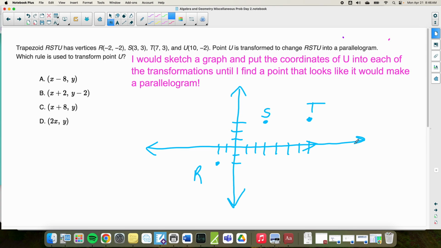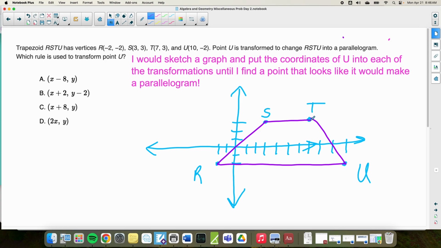So this is 1, 2, 3, 4, 5, 6, 7, 8, 9, 10 down to, which is U. Okay? So if I draw that trapezoid, it would be like this. Definitely looks like a trapezoid.